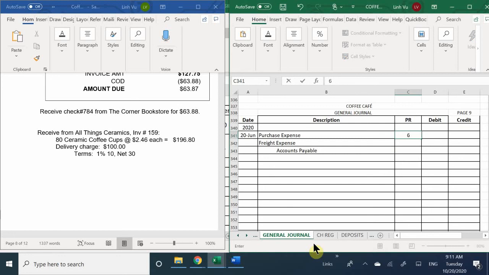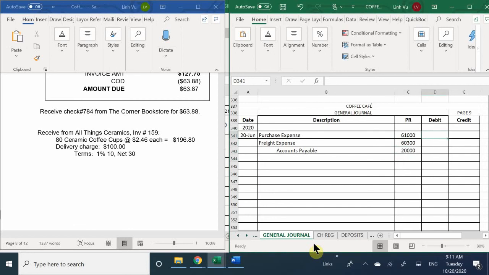For freight or purchase? Okay. All right.